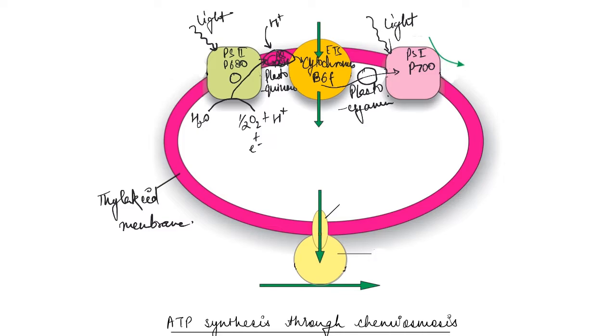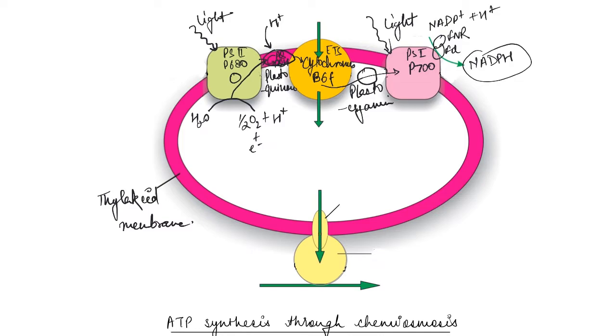Now here again, we use various enzymes like FD and FNR, right? And the NADP plus molecule is getting converted into NADPH. So here we have the NADPH molecule being formed, which is an energy storing molecule.